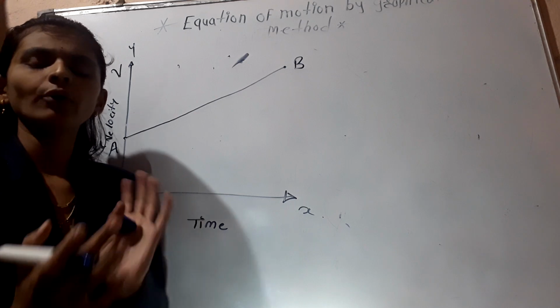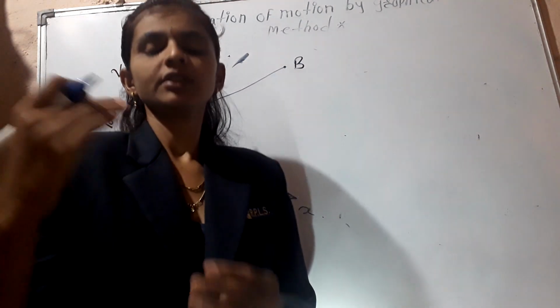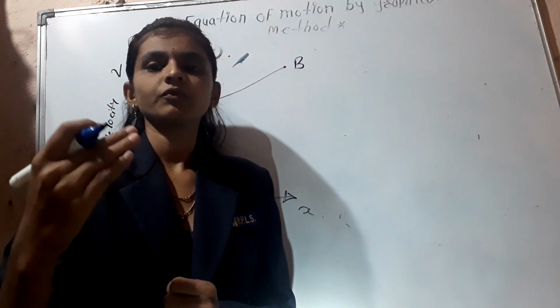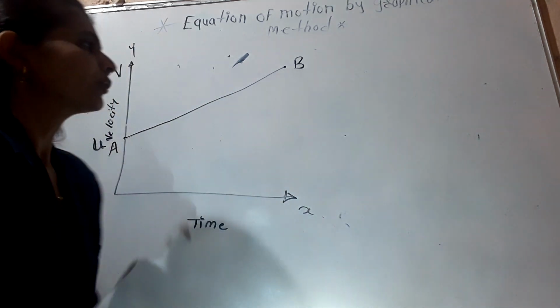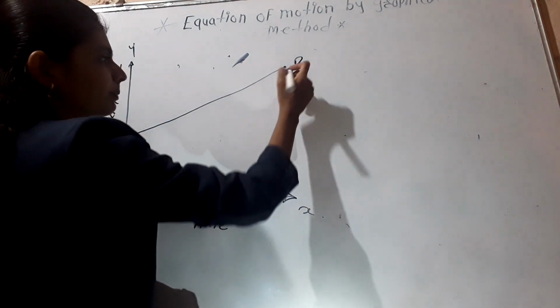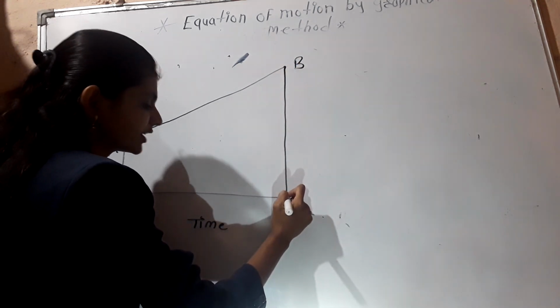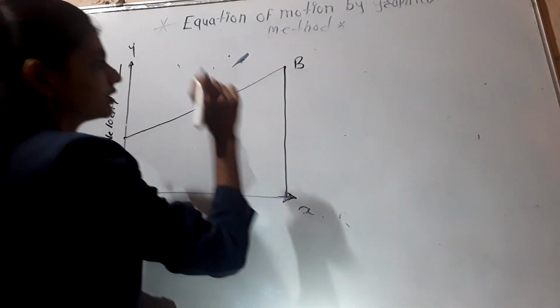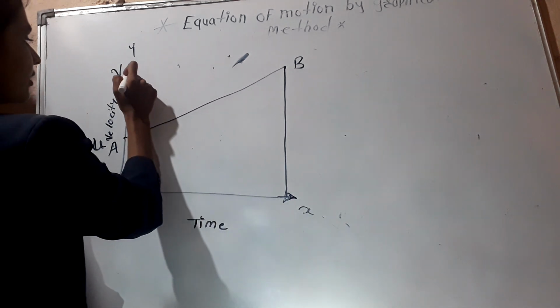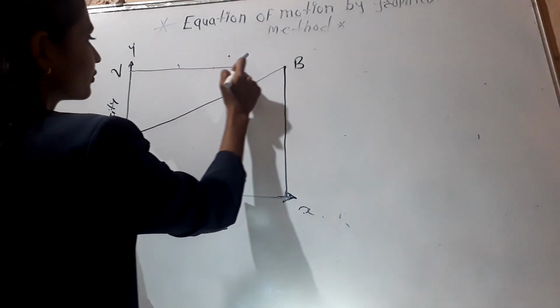Now how can we find the first equation of motion by using this graph? From point B, draw a perpendicular line towards the x-axis. Then from point B, draw a parallel line along the x-axis.